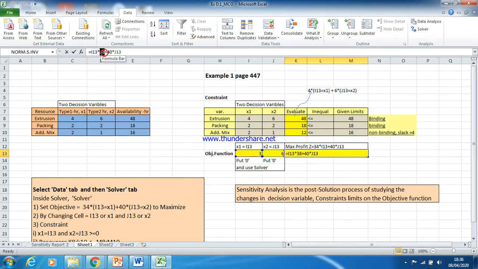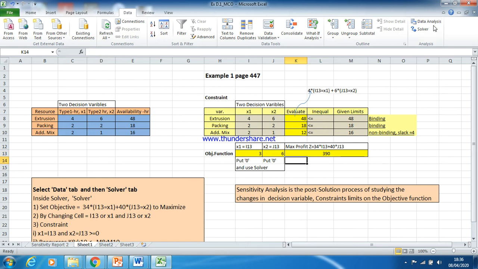So let's increase this to 50, which is not recommended, because if we change to 50, these two values will change. Of course this will change as well, but the x1 and x2 will be changing now because we have increased beyond 40, which is given to us.